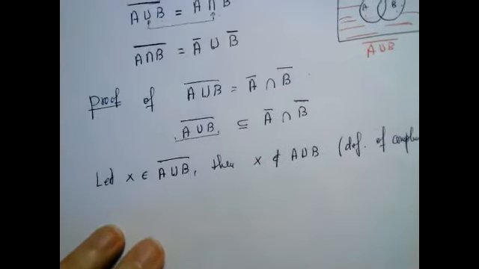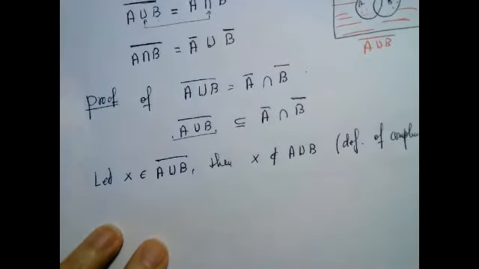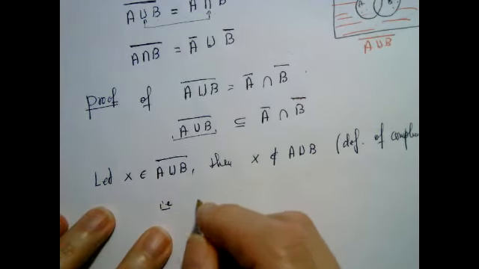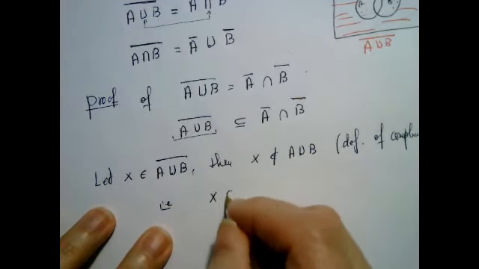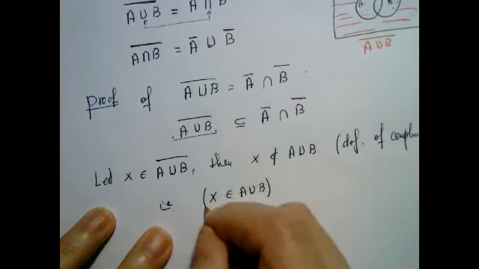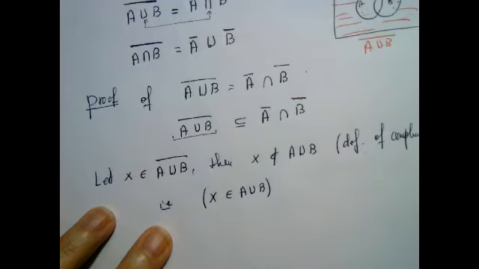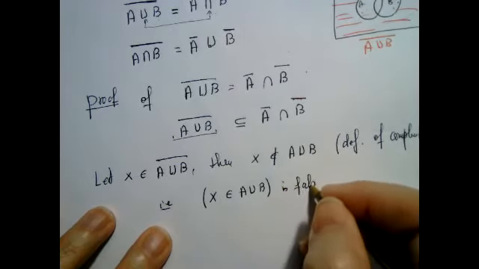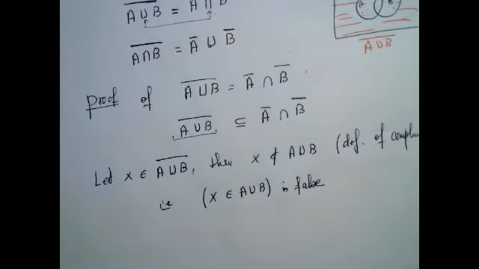Now I have to use logic in the following sense. It means that the statement X belongs to A union B, this mathematical statement, and that's the only place where logic has to be brought into the picture, is false. Is this correct? Am I making sense? Yes. Very good.